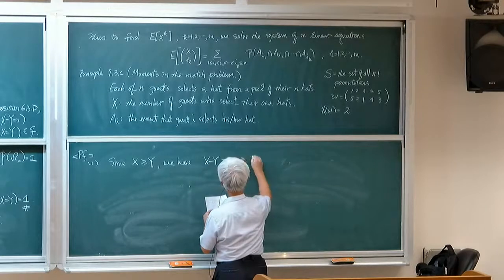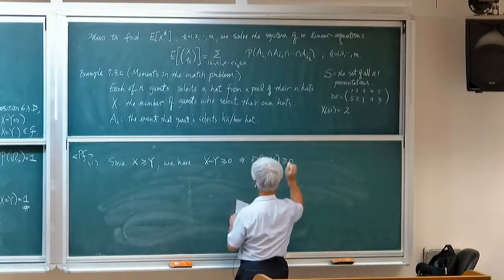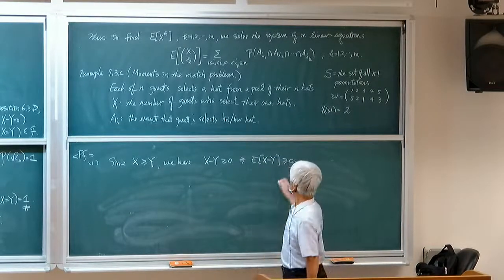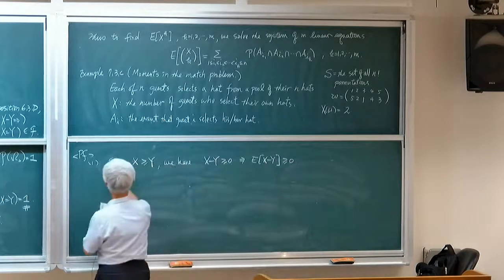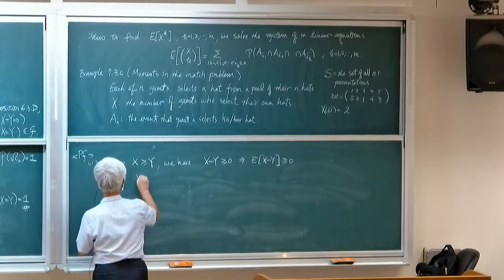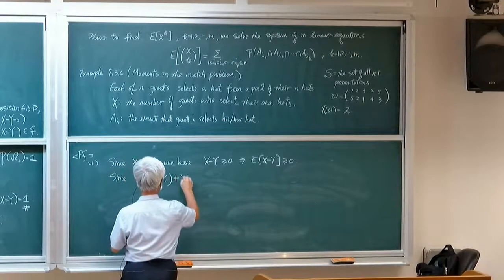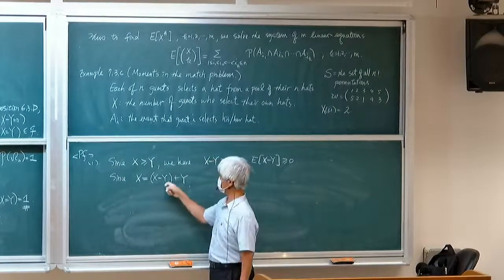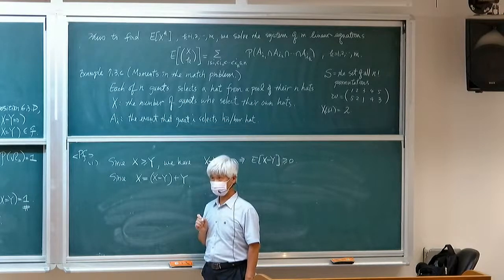So this implies that it's also non-negative. We proved that before, right? So this is non-negative. And also, since x is equal to x minus y plus y, x is the sum of two non-negative random variables, right?